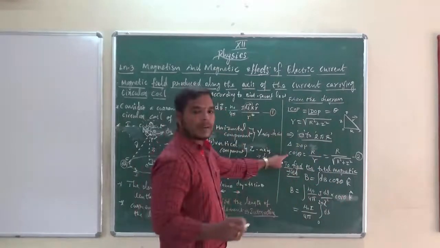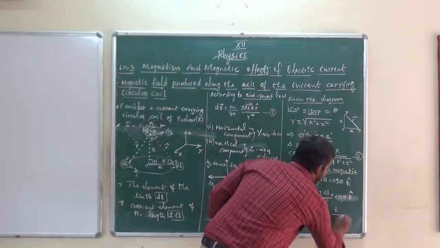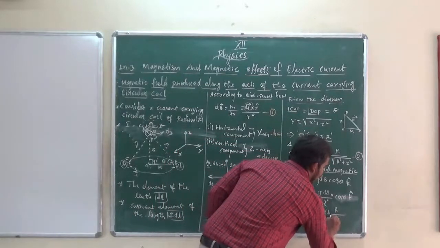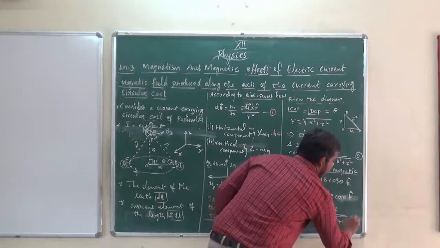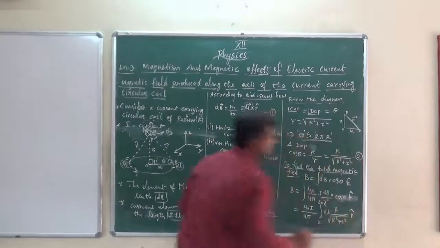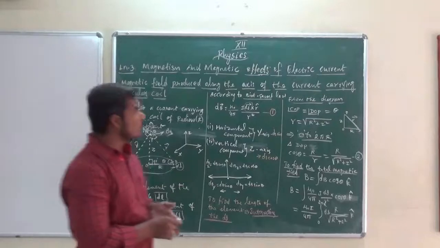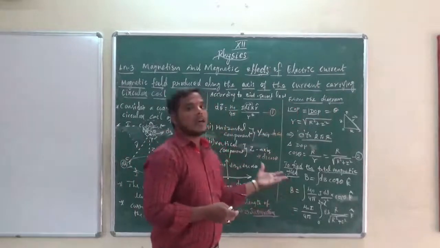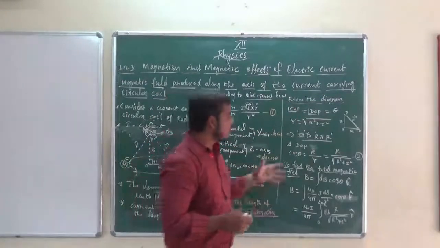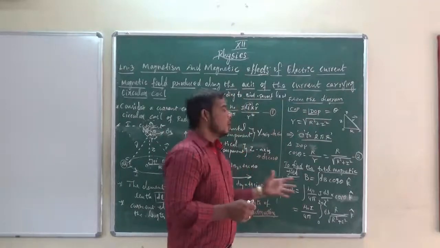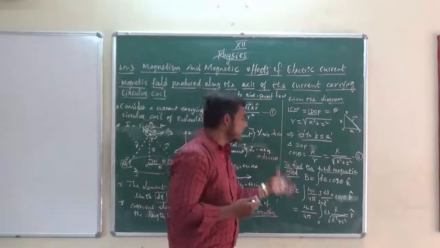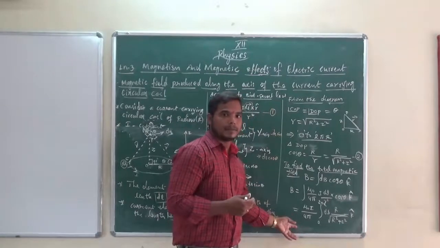We got the cos theta value. What is the cos theta value? R divided by root of r square plus z square into k cap. Any doubt about these equations? Don't get confused because it is a long equation. Move step by step, then you will get that equation very clearly. Okay.